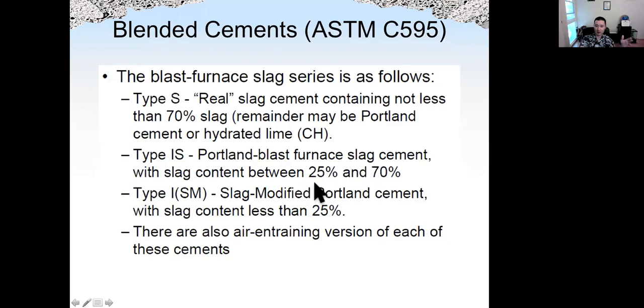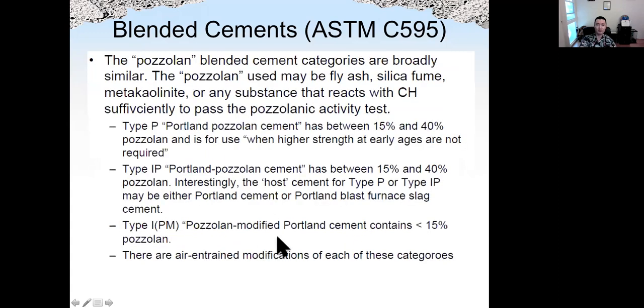They have different percentage requirements for the slag. Type 1SM is called slag modified Portland cement, with different percentage requirements. So you do not need to remember all these details, but you should understand the important stuff, which is the chemical reaction and so on.